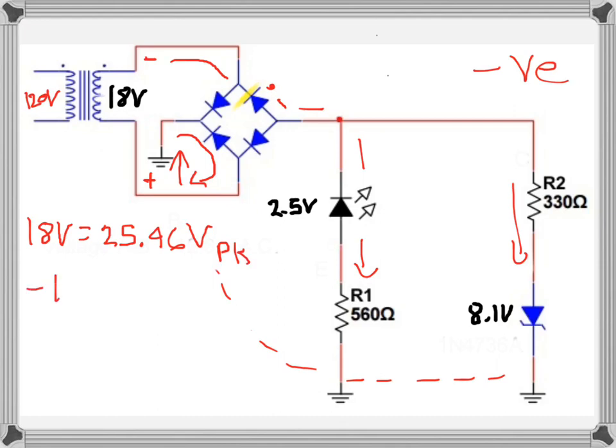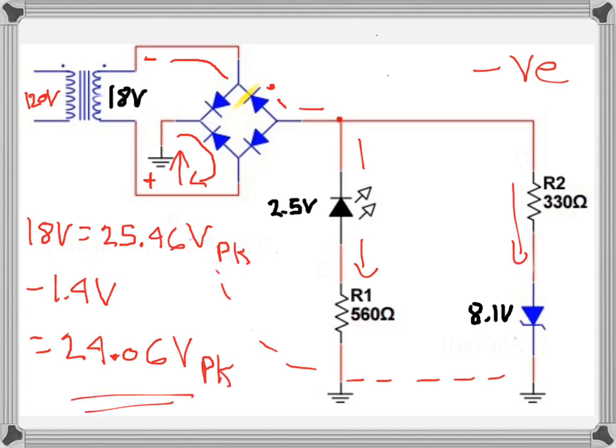Minus 2 diode drops, so this is the peak secondary voltage minus 1.4, equals 24.06 volts peak. And that's the peak voltage coming out of the rectifier. Fair enough? Okay, next.